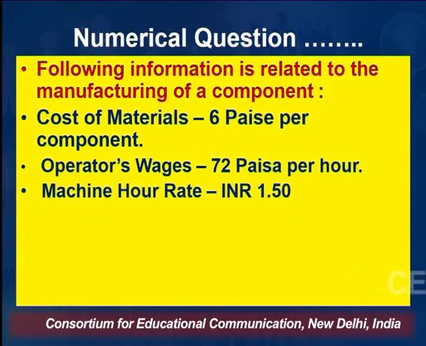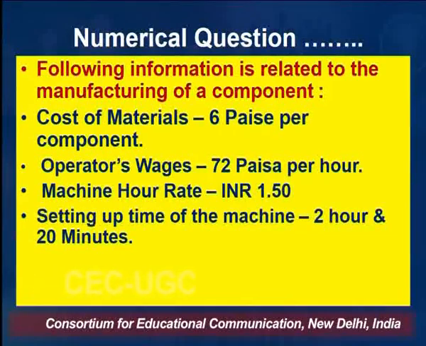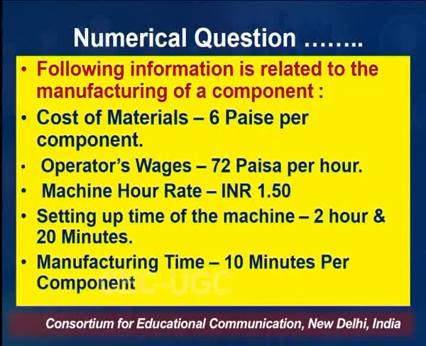Machine hour rate is rupees 1.50, and the setting up time for the machine, where you are preparing your machine for working, is 2 hours and 20 minutes. Manufacturing time is 10 minutes per component, so your machine takes 10 minutes to produce this specific component.